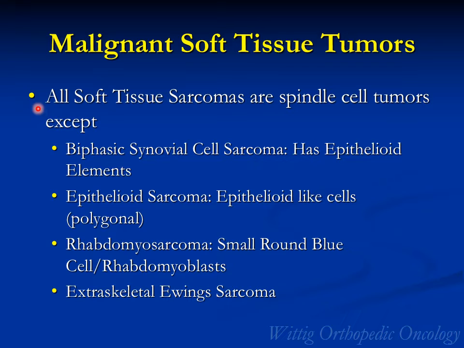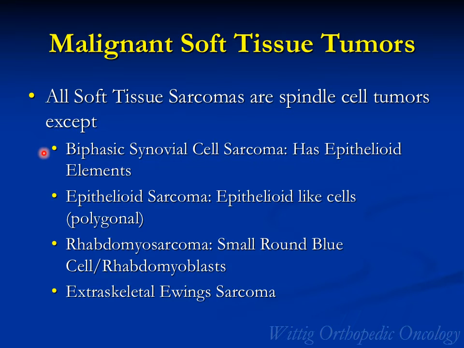Okay, all soft tissue sarcomas are spindle cell tumors except for the following. Synovial sarcomas can be biphasic, meaning that they have a spindle cell component as well as an epithelioid component. That's important because what identifies immunohistochemically as a sarcoma is the presence of vimentin, and usually keratin or epithelial membrane antigens signify a tumor that's a carcinoma, like a lung cancer, breast cancer, kidney cancer, thyroid cancer.